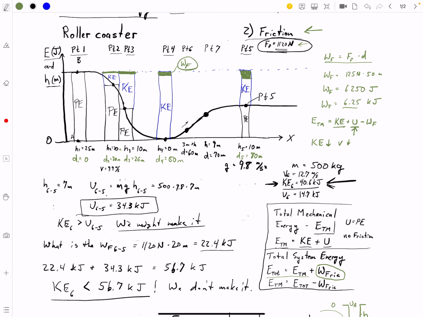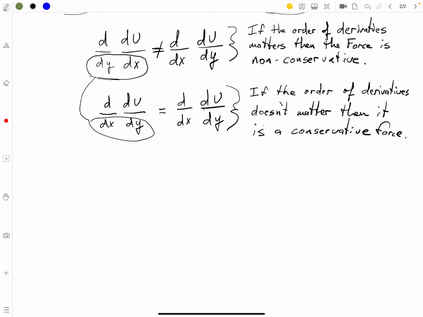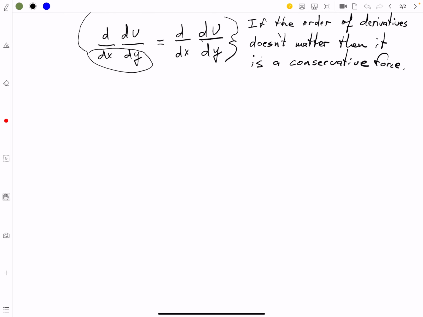I'm going to go back here, and you guys remember the picture, but let's look at it in a way like this.